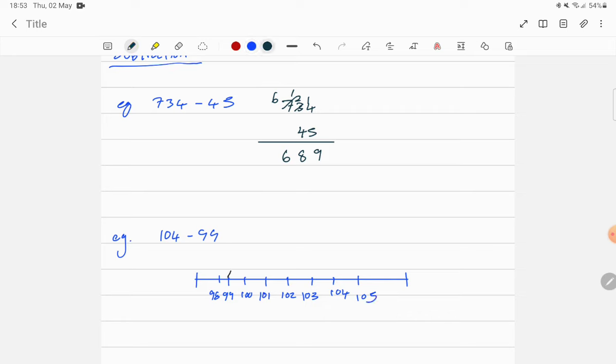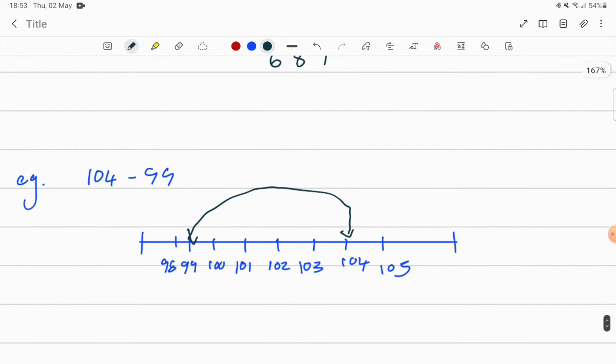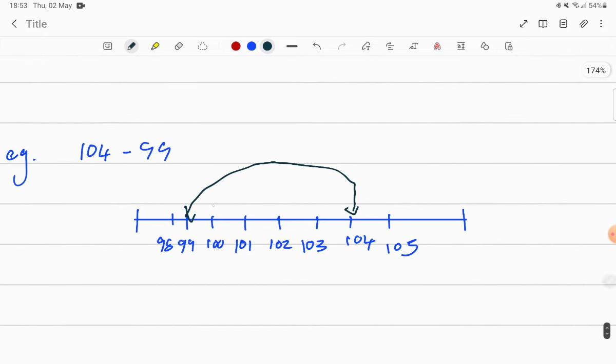And basically, this is the point that we are looking at. So what we need to do is, if we find the difference between 99 and 104, it would take 5 steps. For example, here, if you just count the steps, this would be 1, 2, 3, 4, 5.